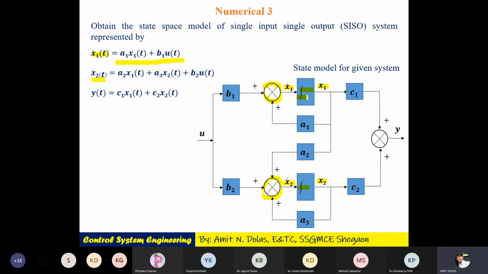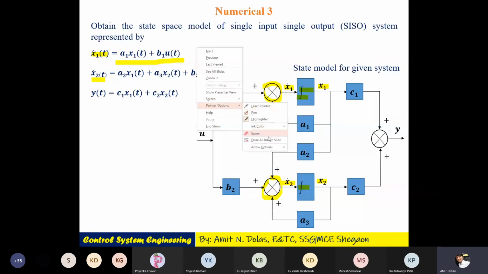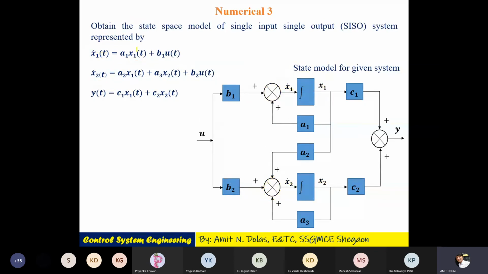Now come to the equations. What I have, how x1 is formed? It is formed by two terms added together. x1, look at x1. Where is x1? Here is x1, along with coefficient or element a1.